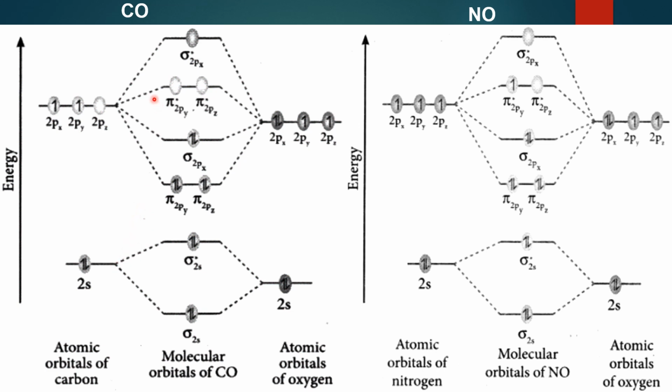On one side is the atomic orbital indication for the carbon atom, and on the other side for the oxygen atom. Between them, you write the molecular orbitals. All 14 electrons in CO get paired up, so there are no unpaired electrons.